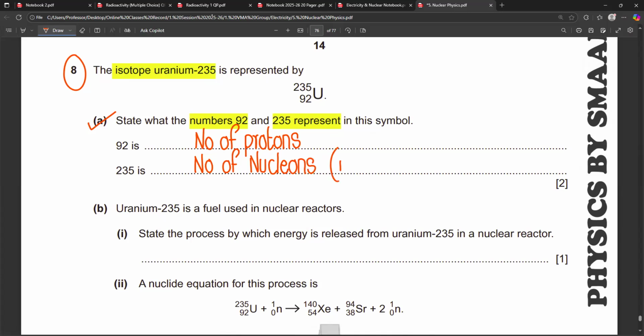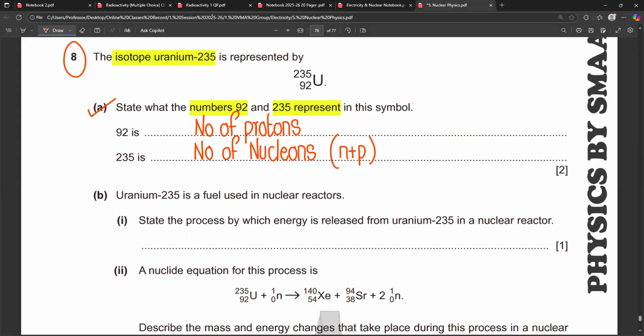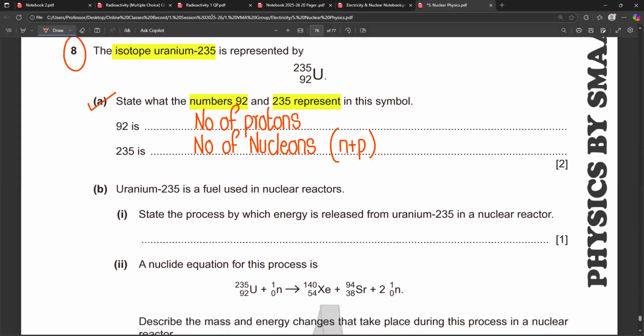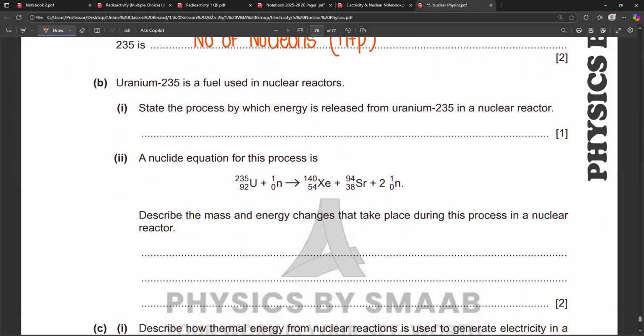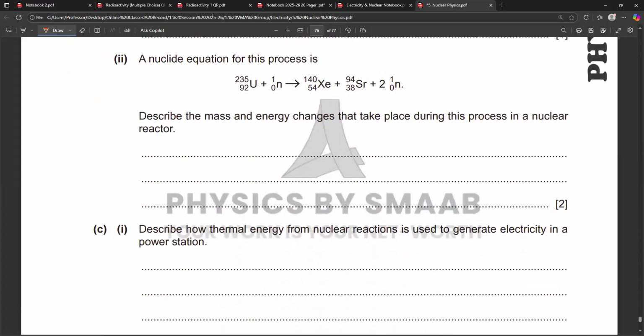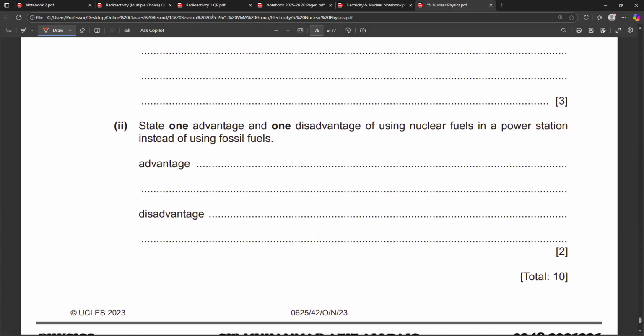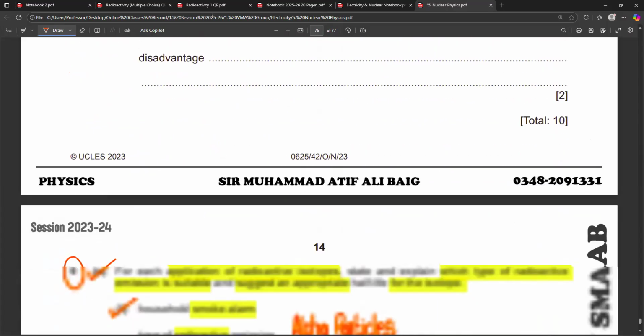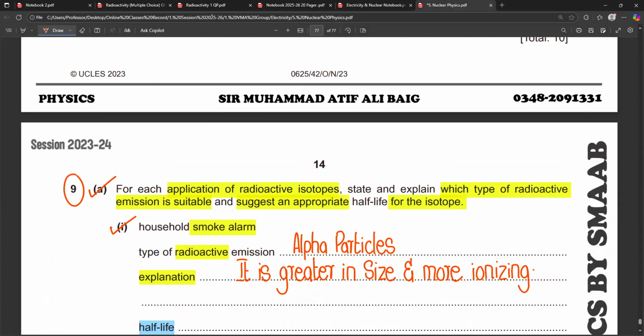Nucleons means neutron plus proton, right? So this is the meaning of number 235. Okay, the next part is related to the nuclear reactor. So let's find some other question.